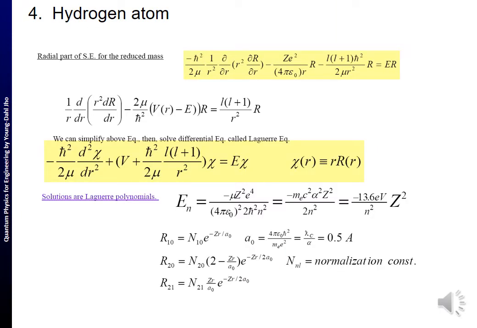And now the radial part of the Schrödinger equation for the reduced mass, because we need to consider the hydrogen atom. Again, it was mass m previously, but now we need to consider two particles, so we just replace the mass m by the reduced mass. Others are just the same. That's the way we solve this very complicated problem.